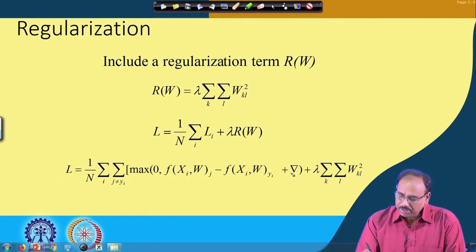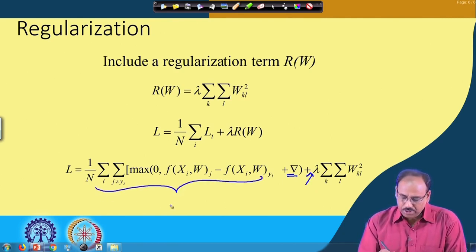One hyperparameter is delta, which is the threshold that we have used, and the other hyperparameter is lambda, which is in the regularization term. So, if you remember, this first term in this loss function, we defined as data loss, and the last one is what is known as regularization loss.